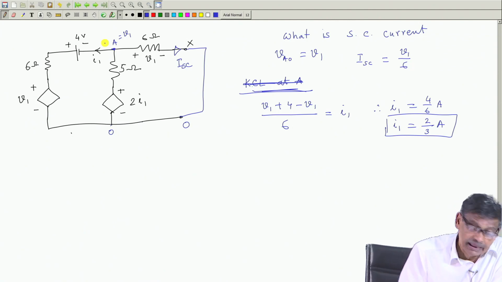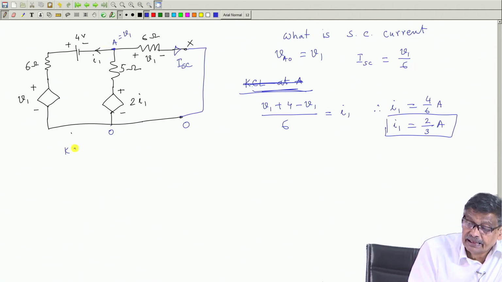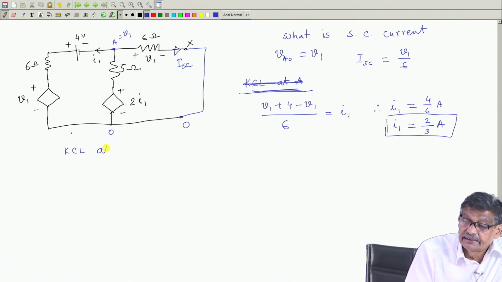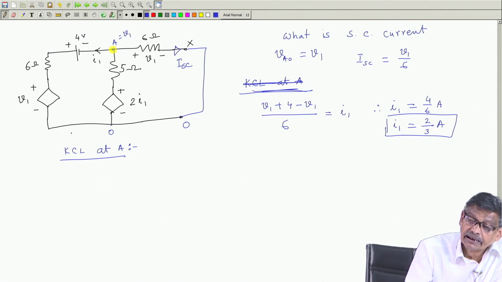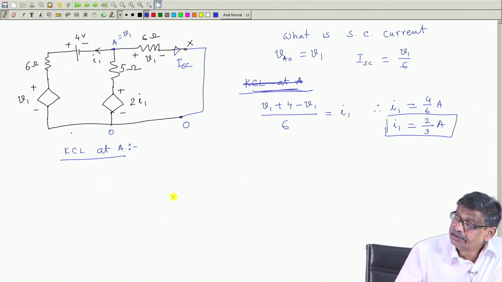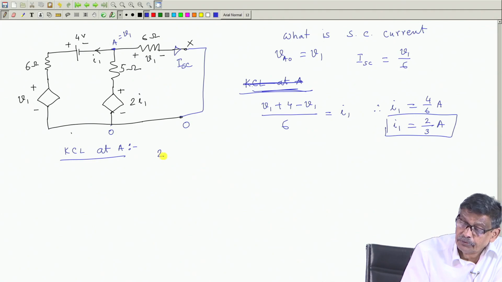Then you apply KCL at A. It will be equal to current in this branch, and that is already known, 2 by 3.